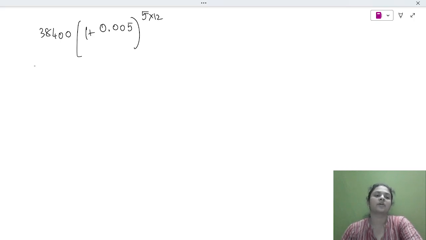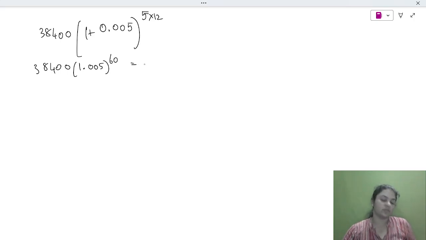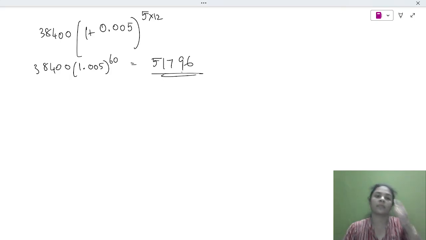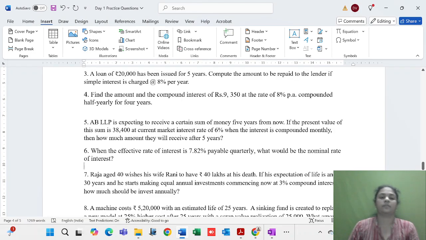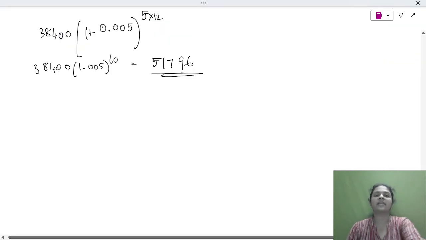So 60. So 38,400 into 1.005, the whole power 60. So the final amount, future value will be 51,796 approximately. $51,796.